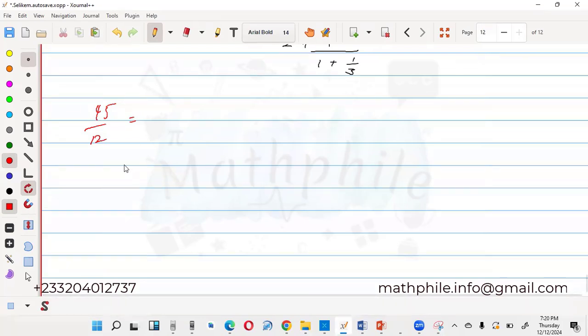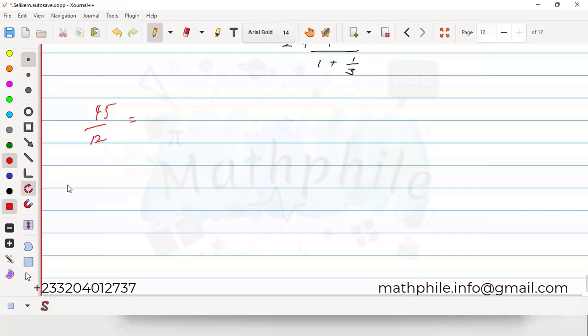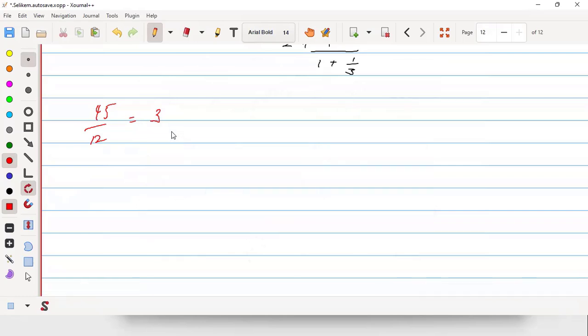So in this case, 45 divided by 12, writing this as a mixed fraction, what would you get? It will be three whole number, three whole number 11 over 12.